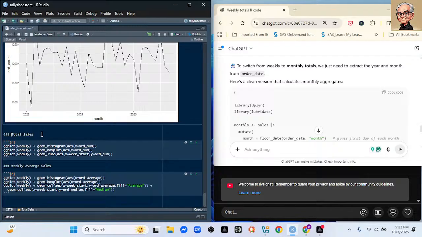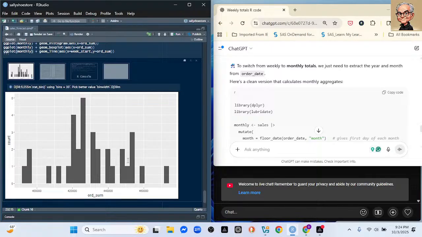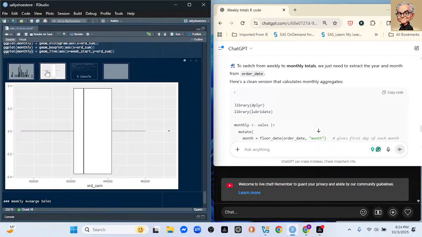So once again, go over here. At this point, the first one is order count, right? Once again, we've got this crazy mixture here of histogram orders coverage, fairly wide.